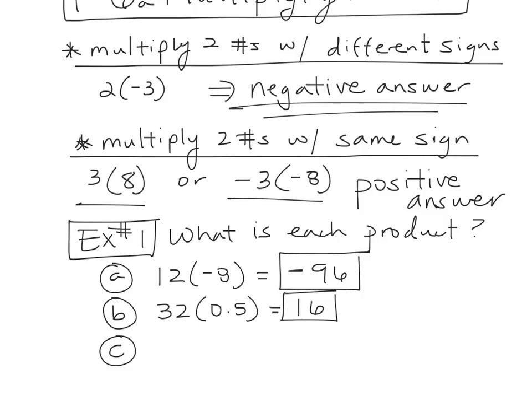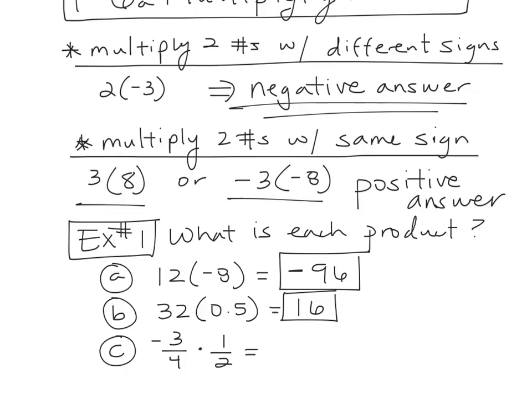How about this one? -3/4 times 1/2. Okay, now here's where we have to be a little bit careful, because yesterday we added and subtracted fractions. And what do you have to do when you add and subtract fractions? You have to find a common denominator. Today we're multiplying fractions. Do you need a common denominator?